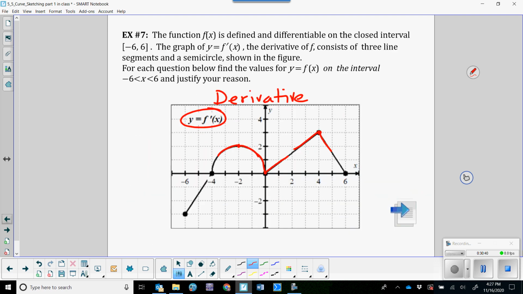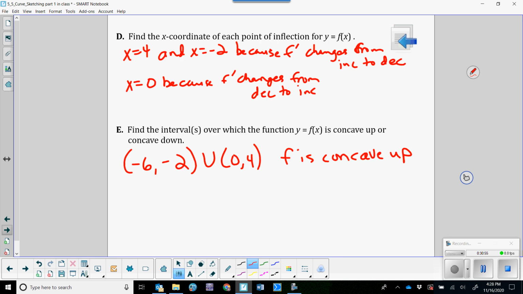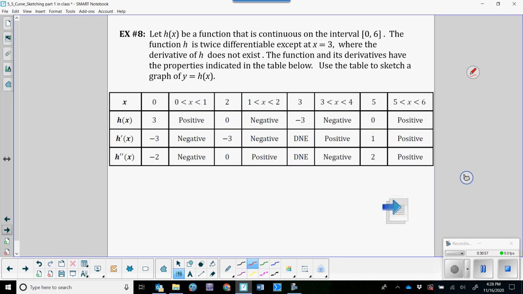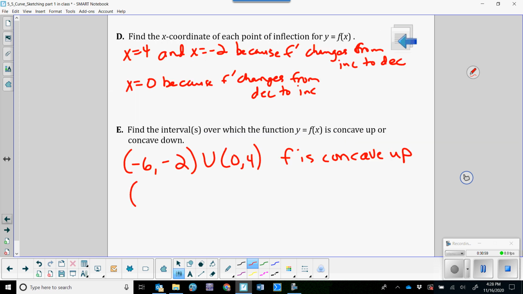If we look, from -6 to -2 this function is increasing all the way, and then from 0 to 4, of course, we have this segment there. It's increasing, so it's decreasing on the other parts, which means that it is concave down. So from -2 to 0, union 4 to 6, f is concave down.